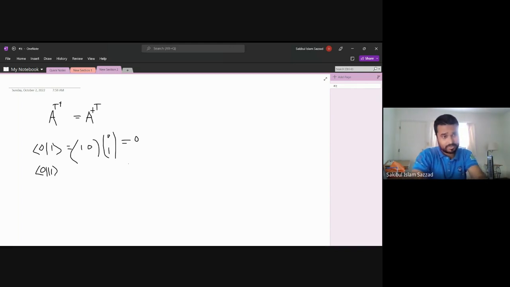Basically, it means these two states are orthogonal. This is for 0 and this is for 1. The projection between 0 and 1 is 0.